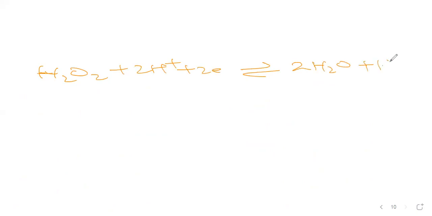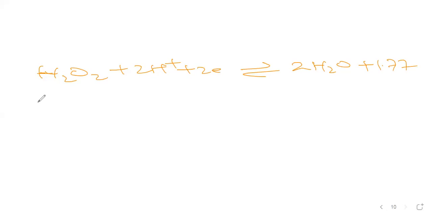Last but not the least, hydrogen peroxide: 2 hydrogen ions, 2 electrons, gives us water. Electrode potential here is positive 1.77.